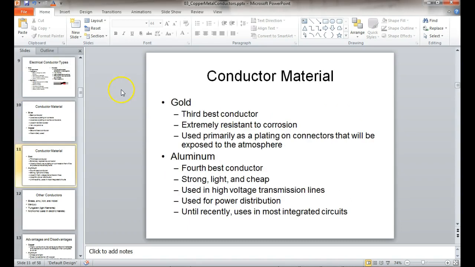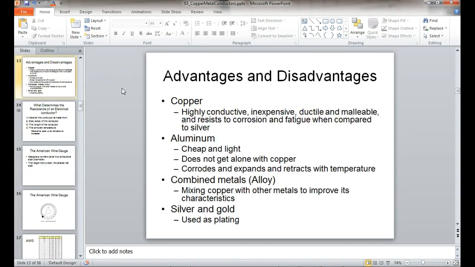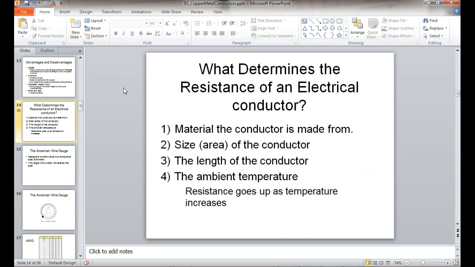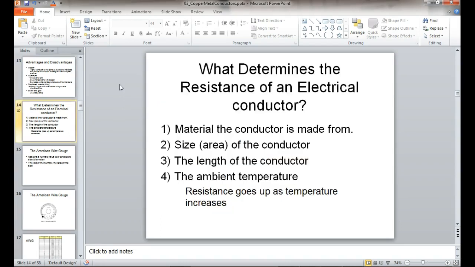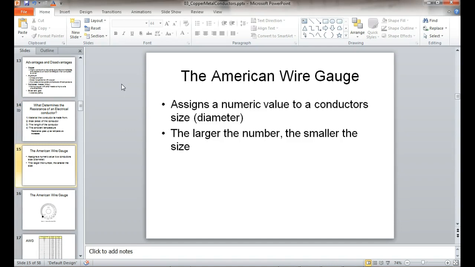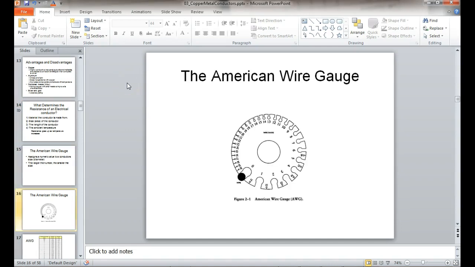We talked about the best conductors of electricity. We looked at the advantages and disadvantages of copper and aluminum, also silver and the different alloys. We looked at what causes the resistance of a cable. We looked at the American wire gauge.